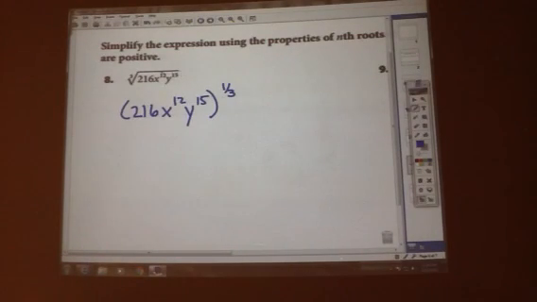I just put everything underneath the radical, the whole radicand, to the first power, and then that's the cube root of it. So now we'll separate it out.